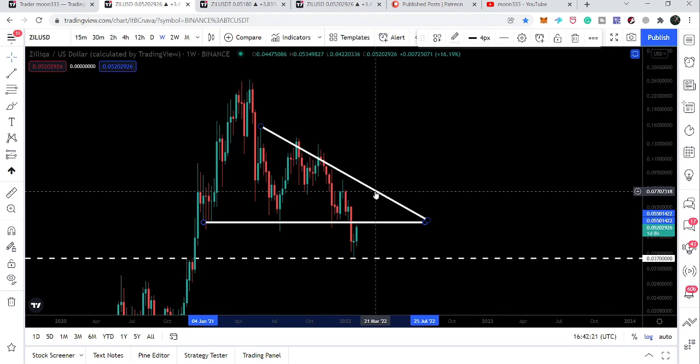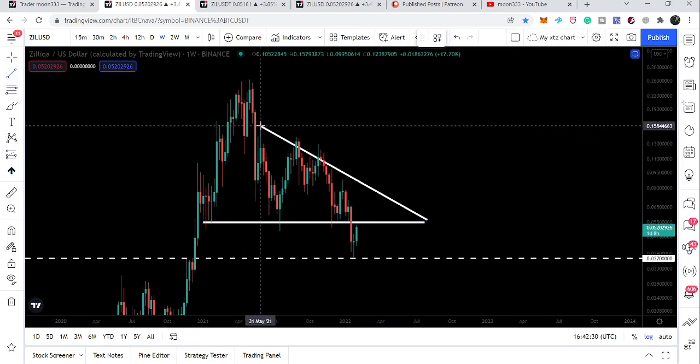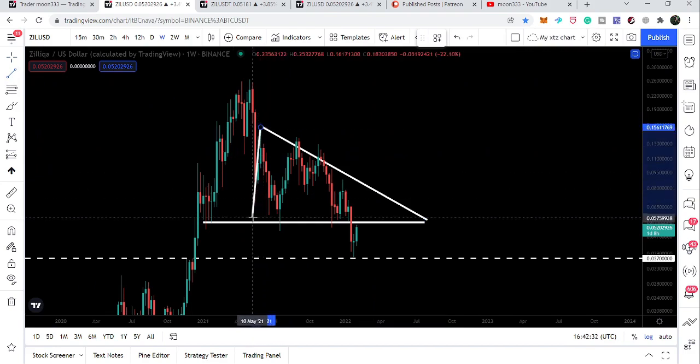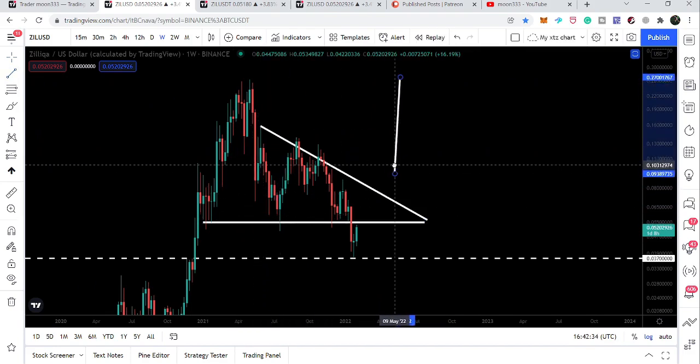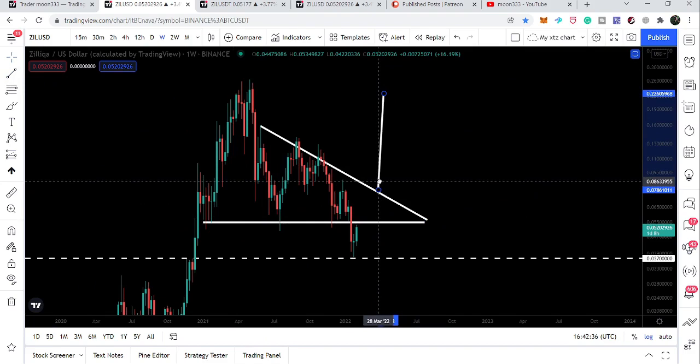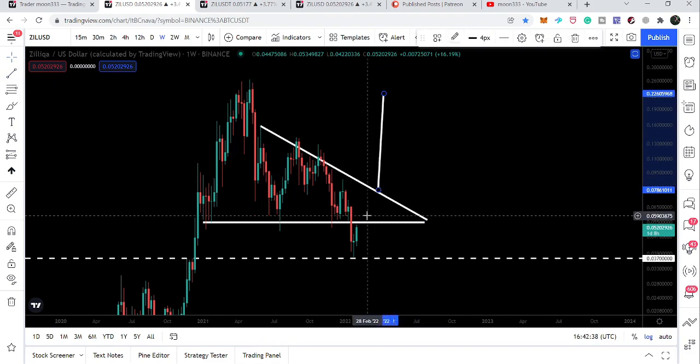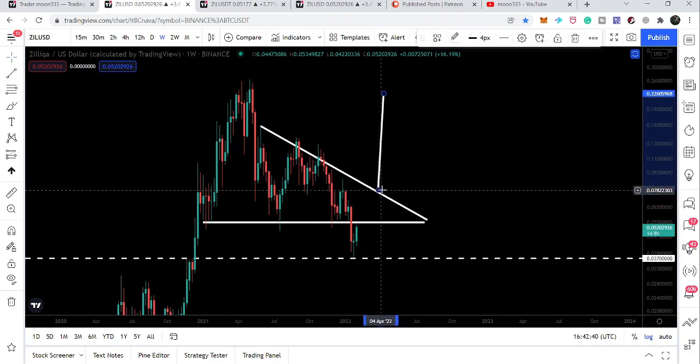And for example, if we are going beyond 12 cents, then we are also going to break out this triangle as well. Now, if we break out this triangle, let me repeat the target after the breakout, that can be approximately 22.6 cents.